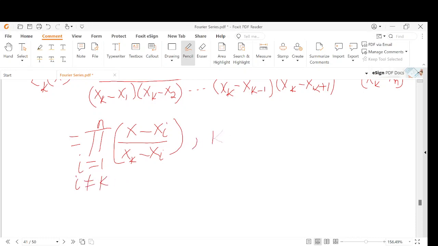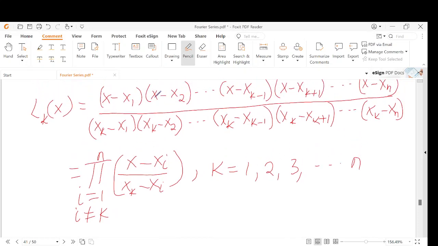And then k goes from 1, 2, 3, all the way up to n. So that when k is 1, then i cannot assume a value of 1. So i will start from 2. And when k is 2, then i will start from 1, but it will not take the value 2, so it will jump to 3, and so on. So we call these the fundamental polynomials.